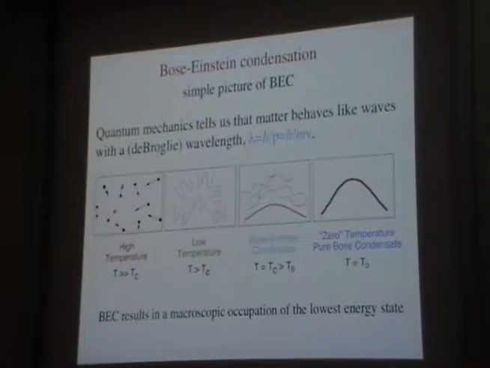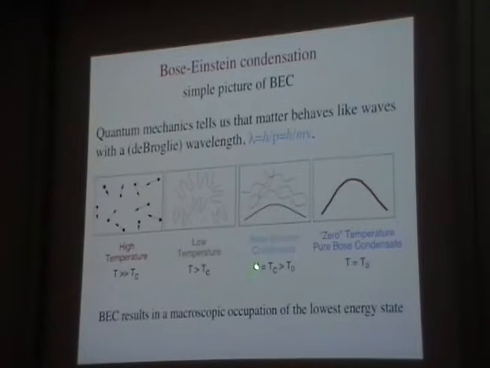What happens though when you get to the Bose condensation temperature is that one way to think of this is the average spacing between the particles in your gas becomes comparable to the wavelength, and because these are bosons, you can't really distinguish them. And what happens is these little particles that are now behaving like waves, they overlap and constructively interfere, and you get a buildup of a macroscopic wave. And because this is a thermodynamic process, basically you get a buildup in the lowest energy state of your system, which happens to be the ground state of your trap.